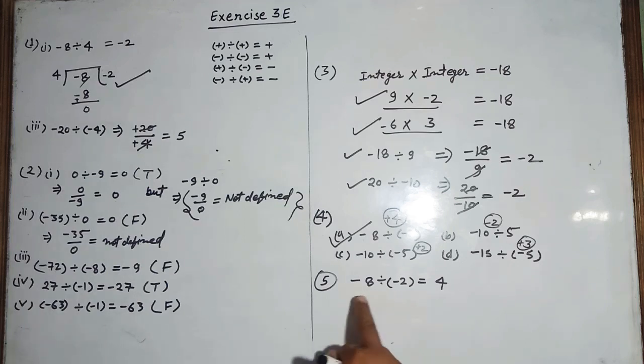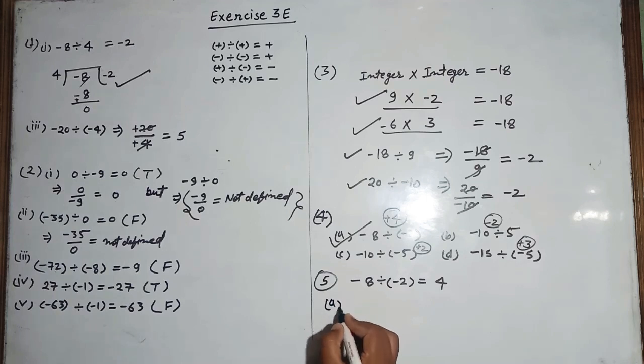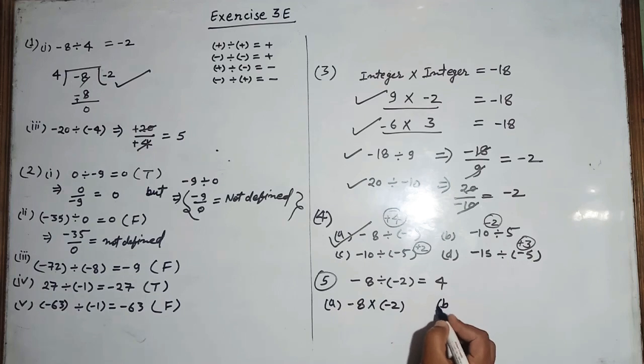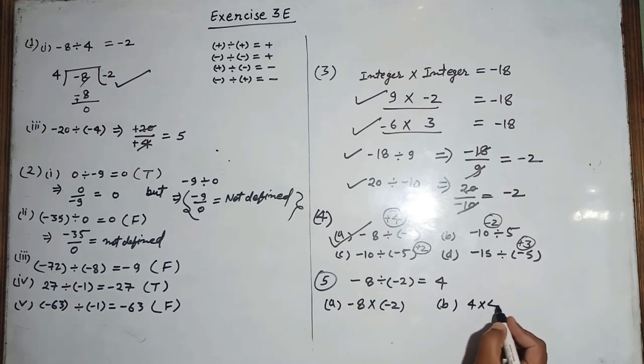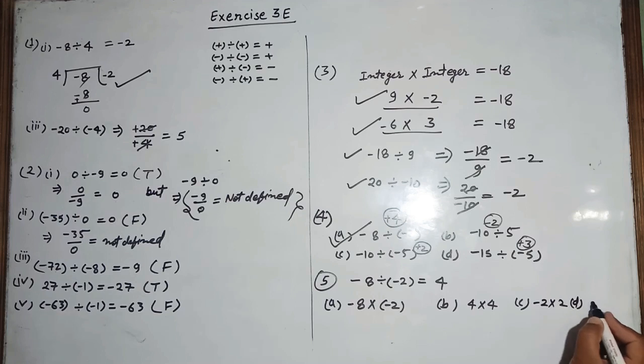The options: A is minus 8 into minus 2. B is 4 into 4. C is minus 2 into 2. And D is 4 into minus 2. So which one will be it?